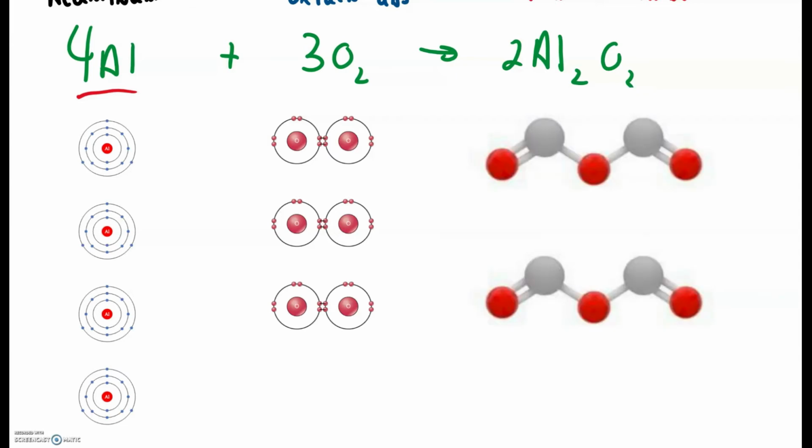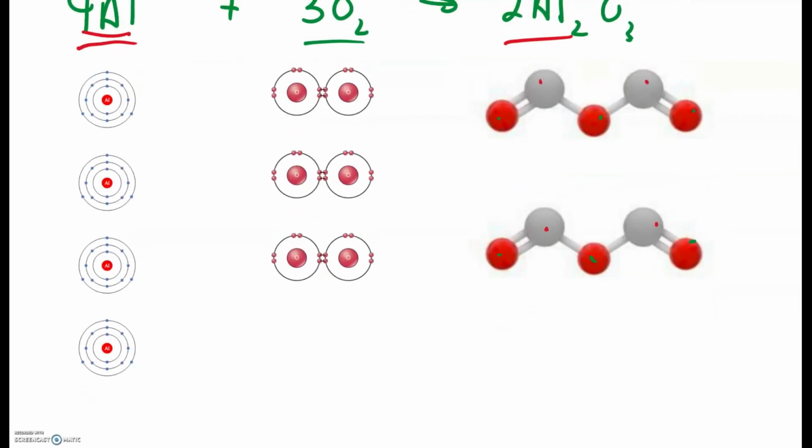And if you count them up, you'll see that everybody is present and accounted for. There should be 4 aluminums, then there they are, 1, 2, 3, 4. There should be 6 oxygens, and there they are, 1, 2, 3, 4, 5, 6. Okay, sorry. And so that works. This is what stoichiometry asks, and here is a perfectly good question you can expect me to ask you.